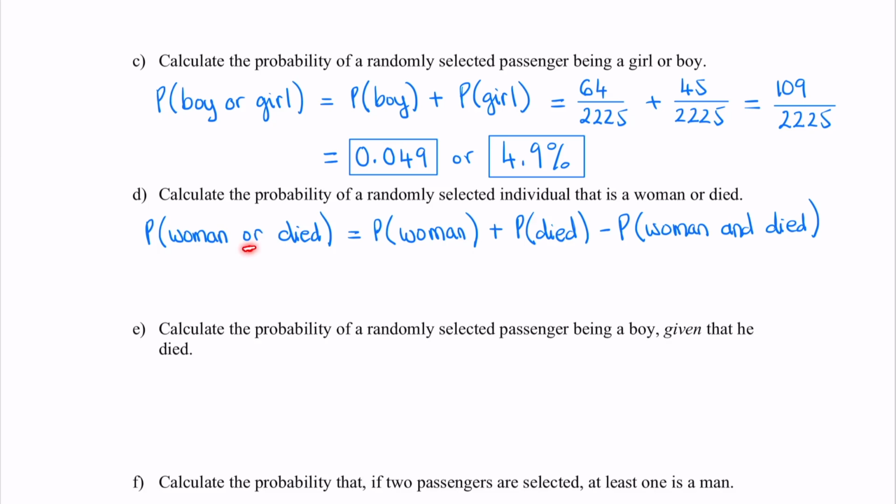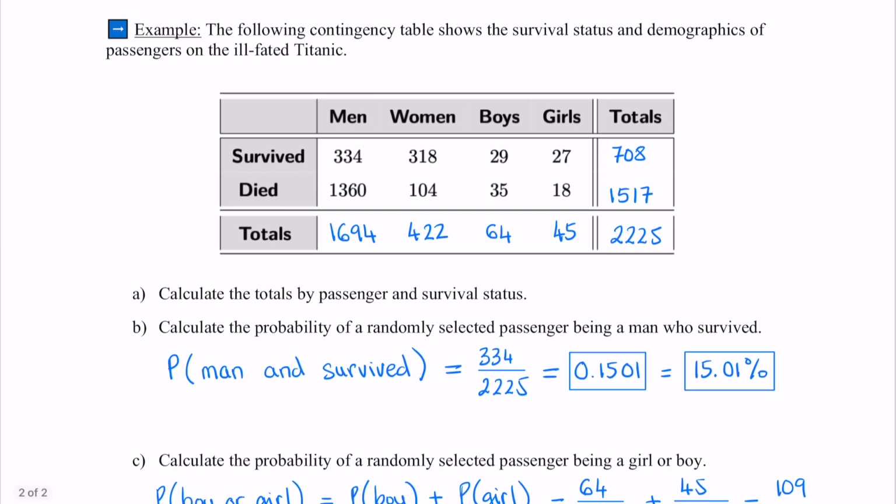Probability of woman or died equals probability of woman plus probability of died minus the probability of woman and died. So let's look at the table. There is a total of 422 women. So probability of being a woman is 422 divided by 2,225.